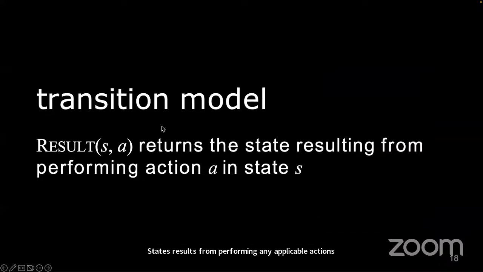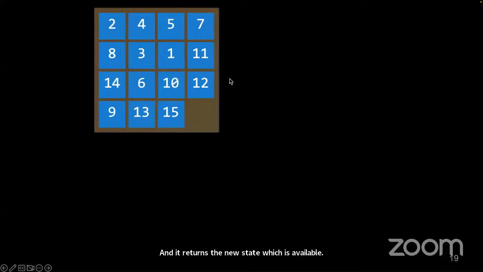So we represent this concept using another function, which takes as input s, which is the current state, and an action a, which is a legal move available at that state, and it returns the new state which is available after executing action a on state s. So in this example, we are given a state of the 15 puzzle game. Here is the blank cell which can be moved left or up.